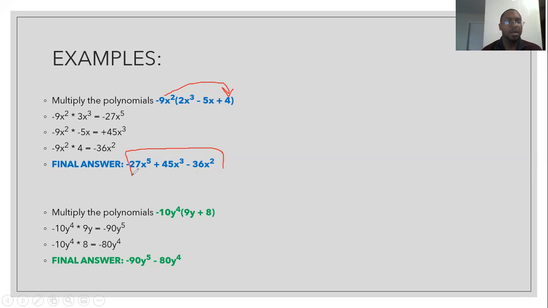Now, I would love to be able to take all those terms and say negative 27 plus 45 minus 36 and run that all into a calculator and push it all together and make it into one term. I would love to be able to do that. I really would. It would make my life a lot easier, but I can't.